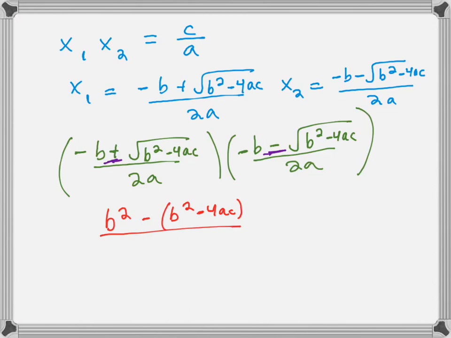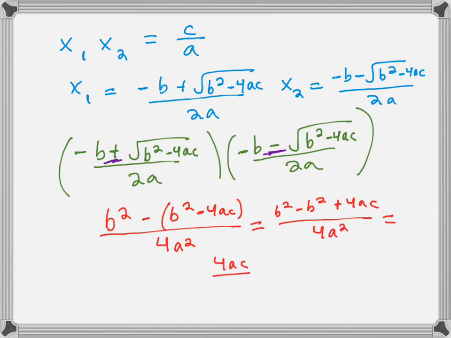And if we multiply the bottom terms, we get 4a squared. So now if we multiply this negative through, we get b squared minus b squared plus 4ac all over 4a squared, which equals 4ac over 4a squared. The a cancels out, and the squared cancels out to give us c over a. So it's kind of a nice derivation there.